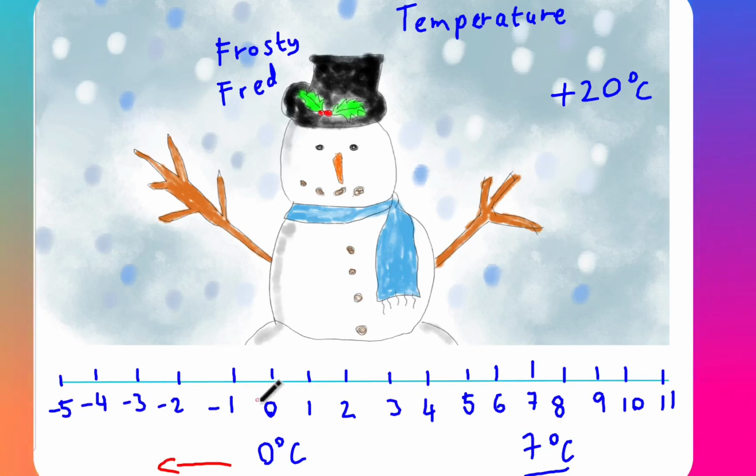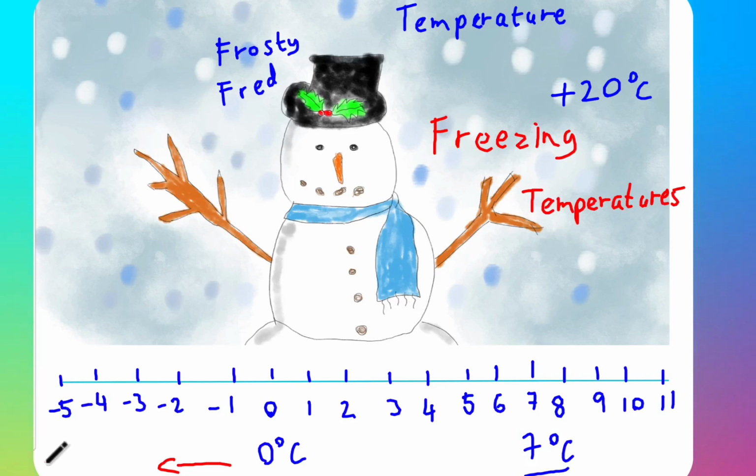Once our temperature has gone below 0 and we're into our negative numbers, we say that it is freezing temperatures. Now, if we have -10, it is colder than -7. So -7 is actually warmer than -10. As we go further and further, if we have -20, -1 is warmer than -20.